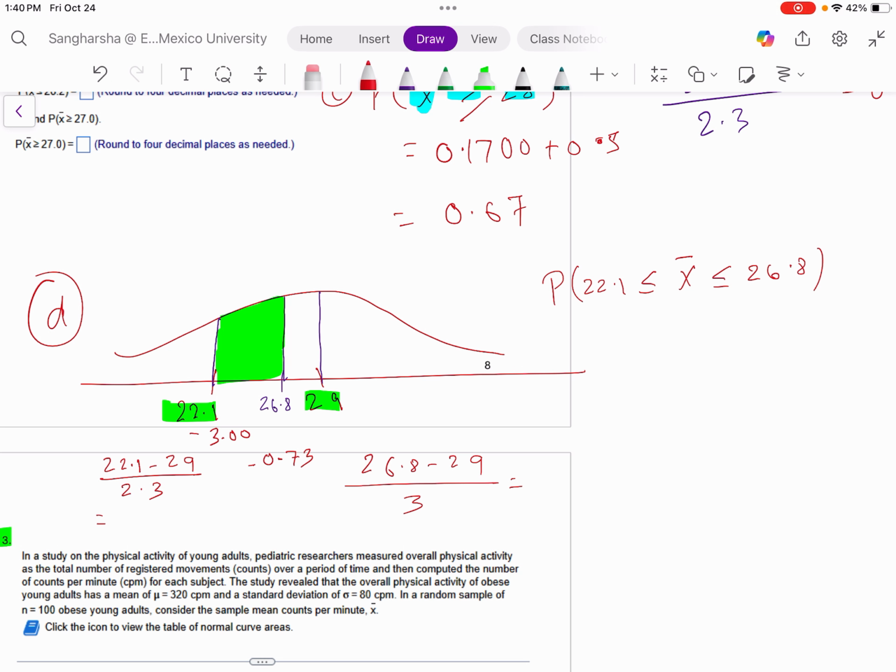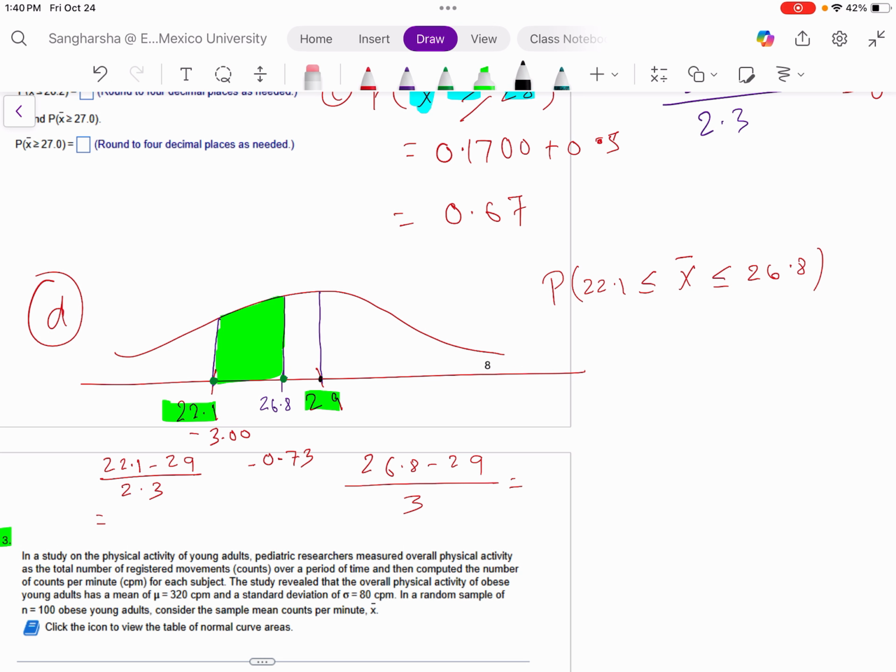Now our target is finding the area of this green region. We know the G for this point is negative 3.0, and G for the other point is negative 0.73.